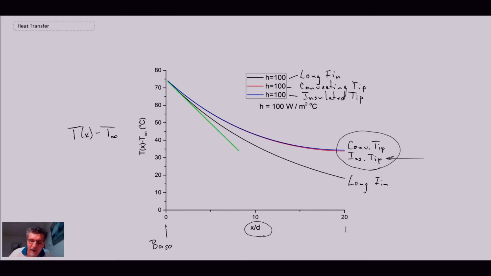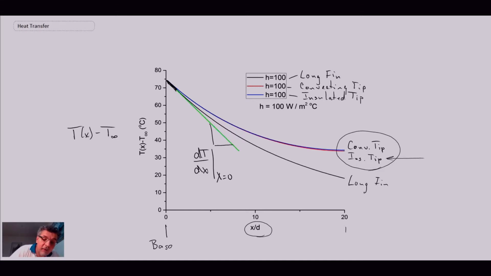Another thing that we have plotted on here is this line here. And what this is showing is the slope at the base of the fin. So that is dT by dx at x equals 0. So what we're doing is we're quantifying the slope down here.